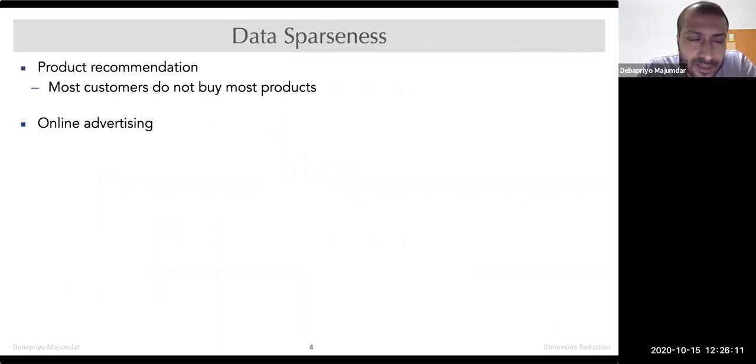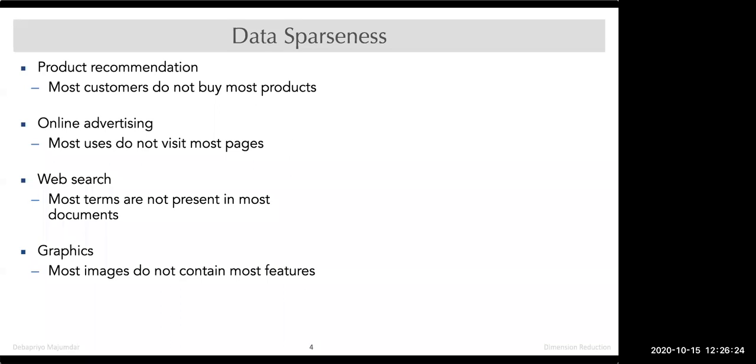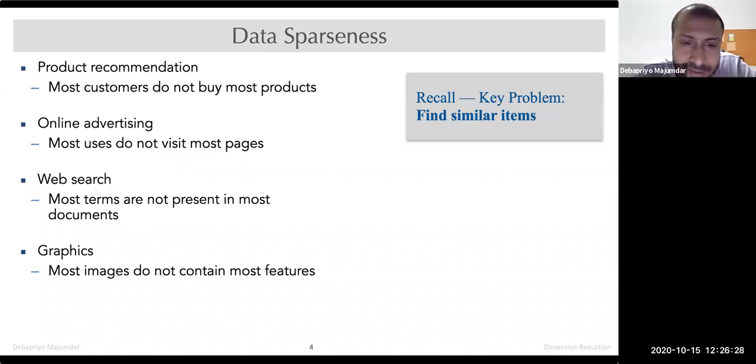The sparseness tells us that most customers do not buy most products, so the data is very sparse, and so on. Most terms are not present in most documents, and most images don't contain most features. So this is the scenario for very sparse high dimensional data.